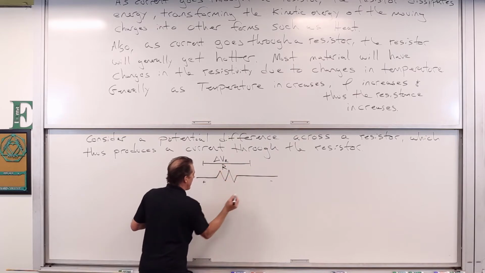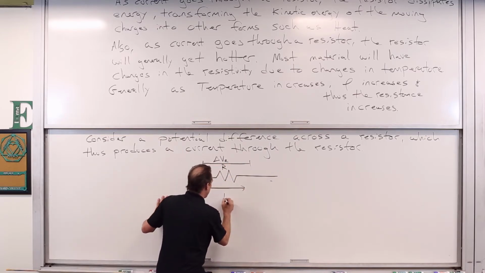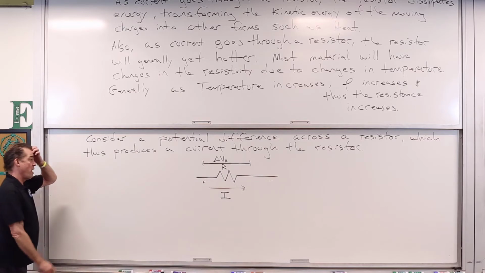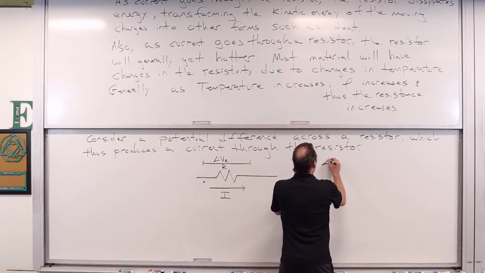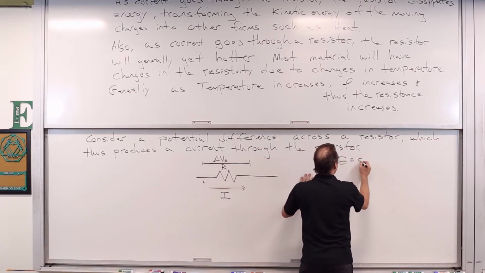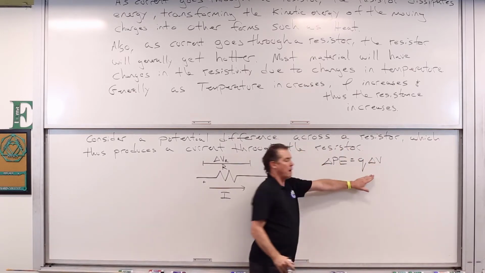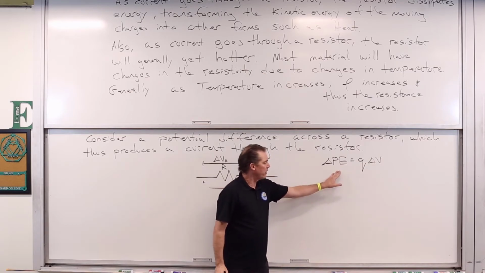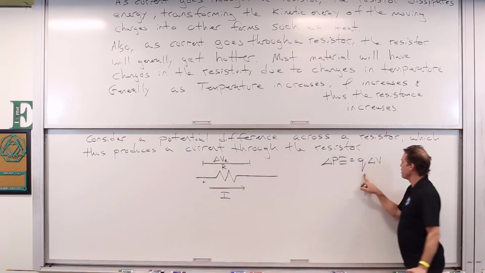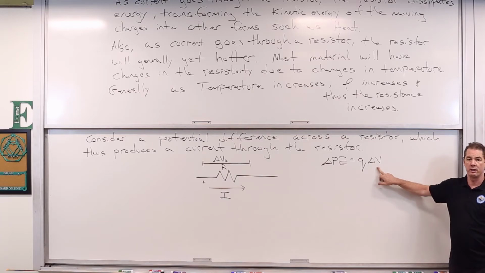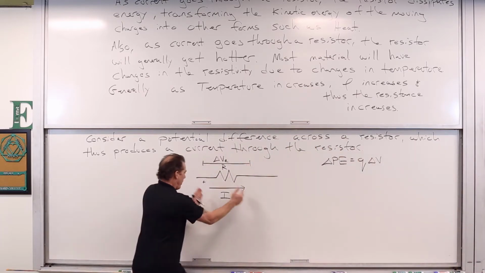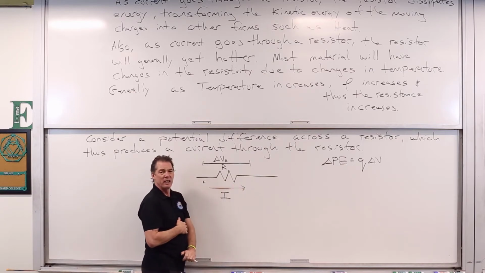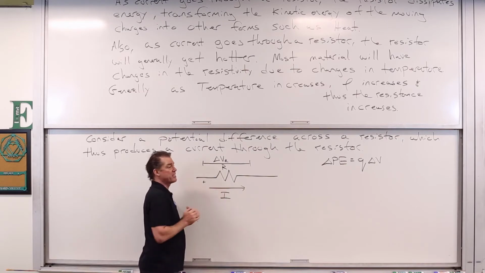The resistor has some resistance R, and there's current going through it. Delta PE is equal to Q delta V. Remember this? Changes in potential energy are equal to the charges that move through some potential difference. What charges are moving through this potential difference? All the charges that constitute the current, a bunch of charges moving with respect to time, coulombs per second.